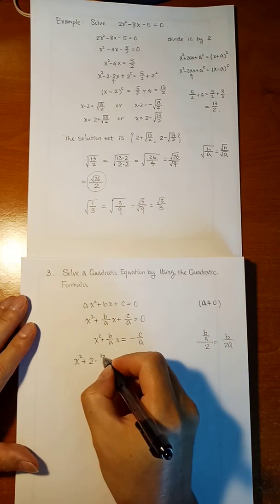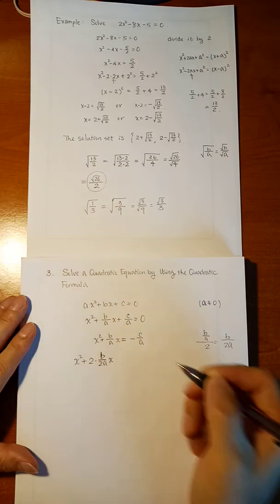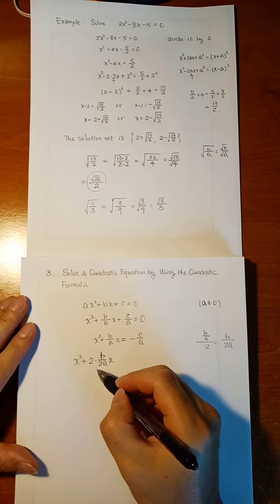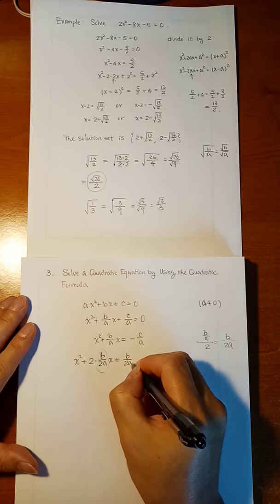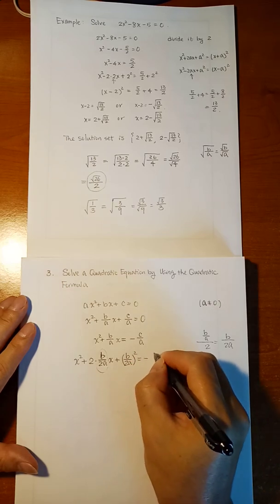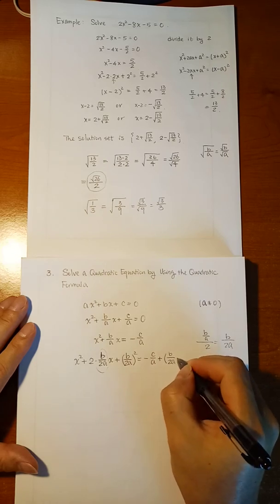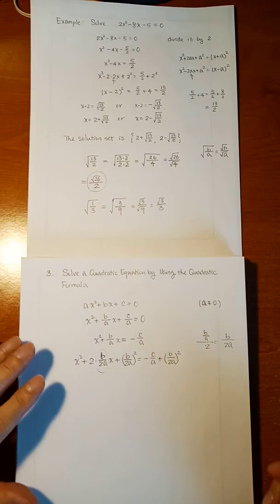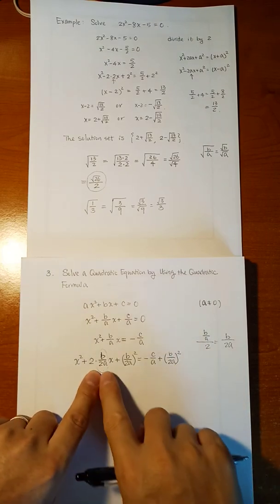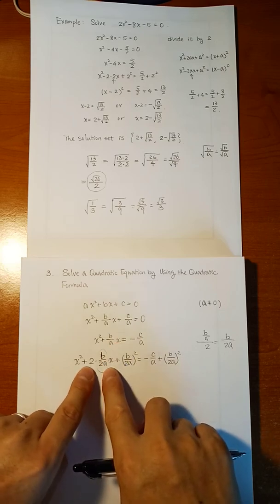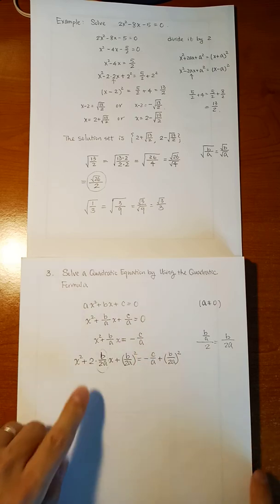And this is the term you're going to square. So you add b over 2a squared on both sides. Here, those two terms are artificially added. This term comes from b over a over 2, and then times 2. The 2s cancel, you still have b over a. Negative c over a is copied.